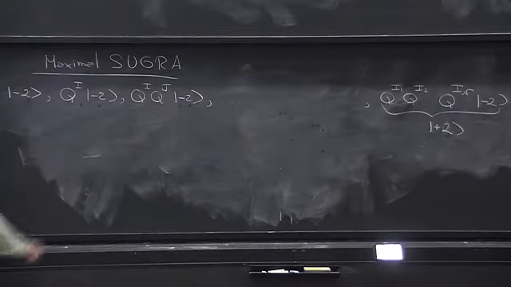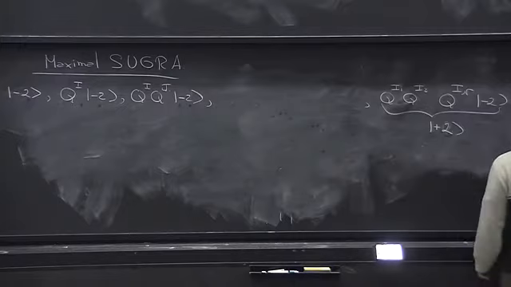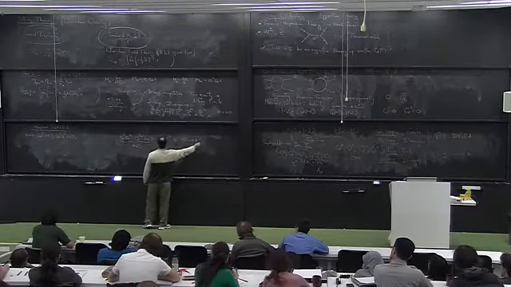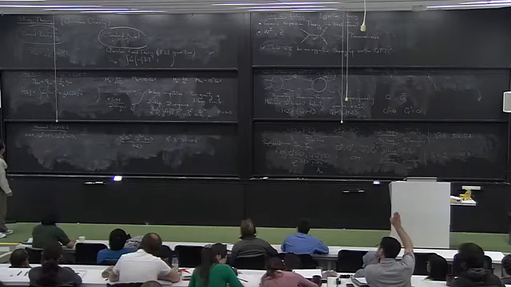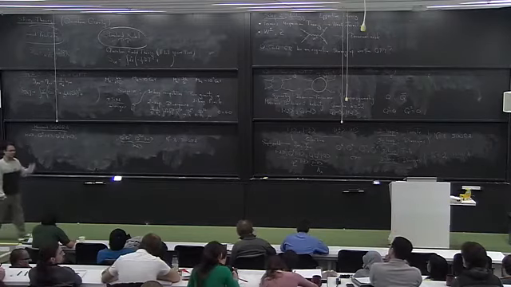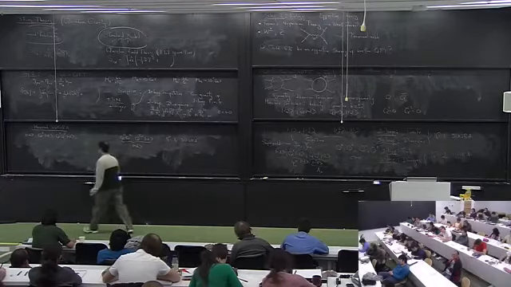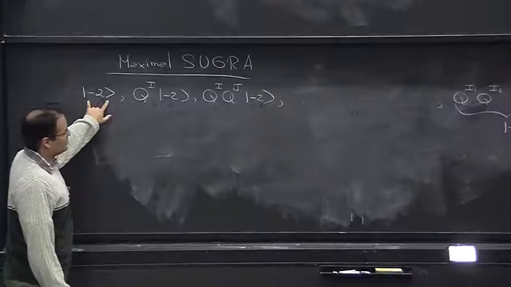So what is the n that does the job? 8. Very good. So N equals 8 supergravity is a theory with maximal supersymmetry. Yes? What's the problem with going to higher helicity? Very good. Well, there are several problems.